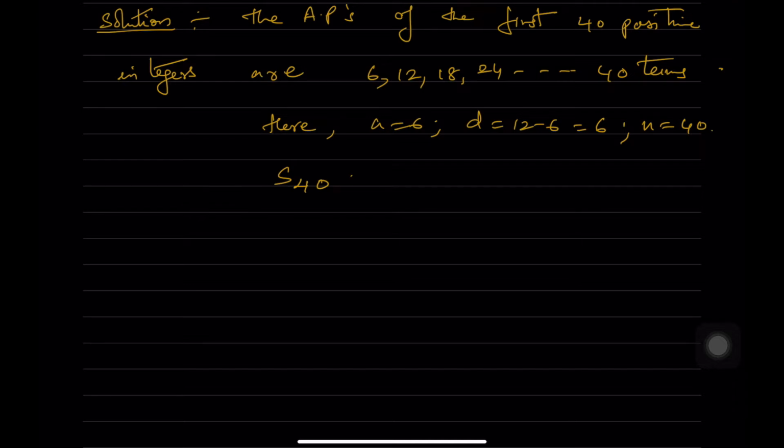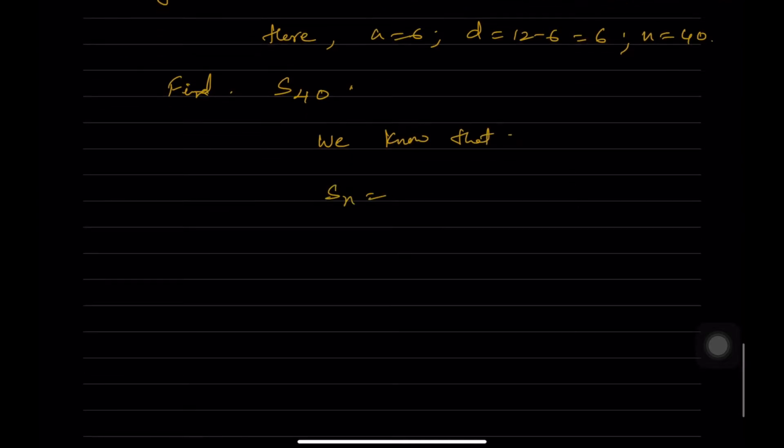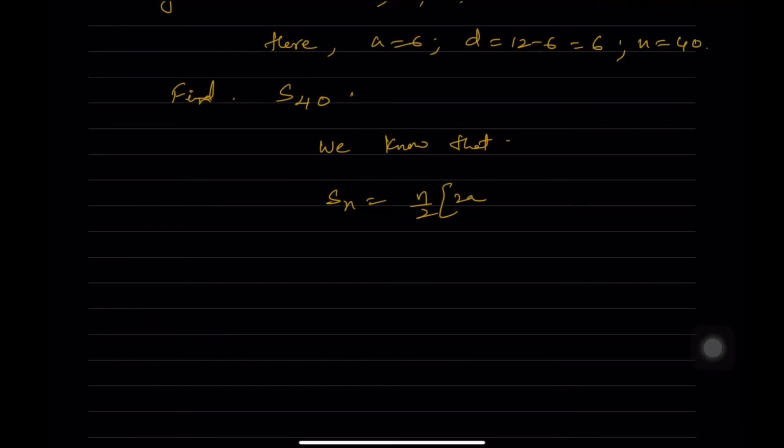And we know that, to find S40, Sn is equal to n by 2 into 2a plus n minus 1 into d. So S40 is equal to 40 by 2 into 2 into 6 plus 40 minus 1 into 6.